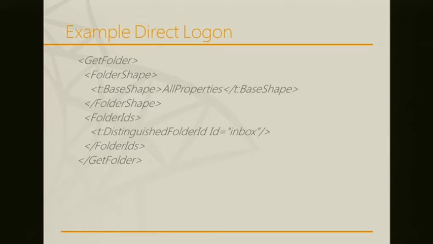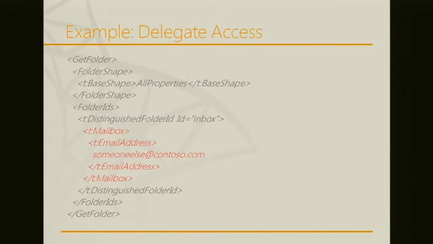Just to give you a little bit of an example of how you can request those authorizations through the SOAP headers. This is for direct logon. Let's say you are doing the get folder API. This is how it looks. For delegate access, what you would like to add is the email address of someone else.